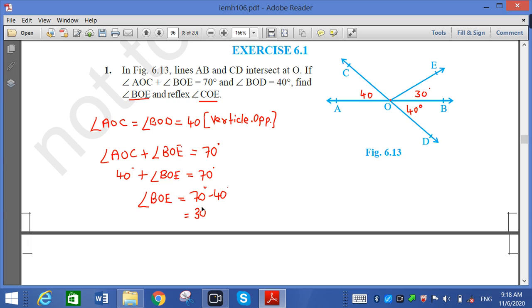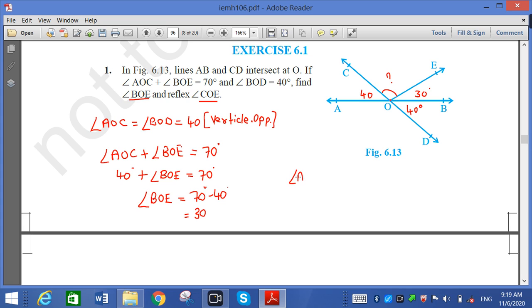Now we have to find out the reflex of COE. So first of all we have to find out COE. Then we can go through the reflex of it. So to find COE, I am making a question mark here. Now you will see that it is a straight line. So 40 plus question mark plus 30, but here it is a linear pair. So what do I have to write?